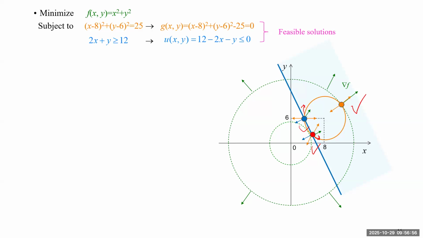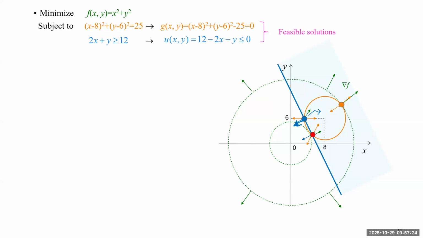The physical meaning of this blue arrow is that if you violate this inequality constraint, there will be an additional force or penalty added here. If this point moves inside of this region, this blue arrow will disappear.